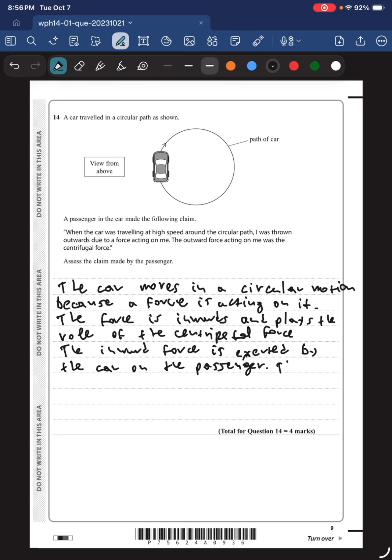There is no outwards force, hence the claim is false.